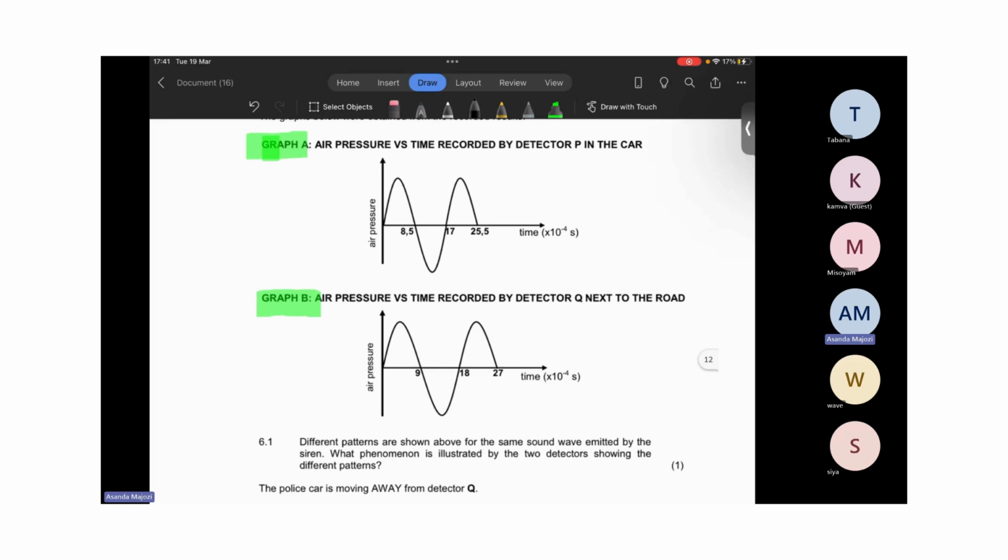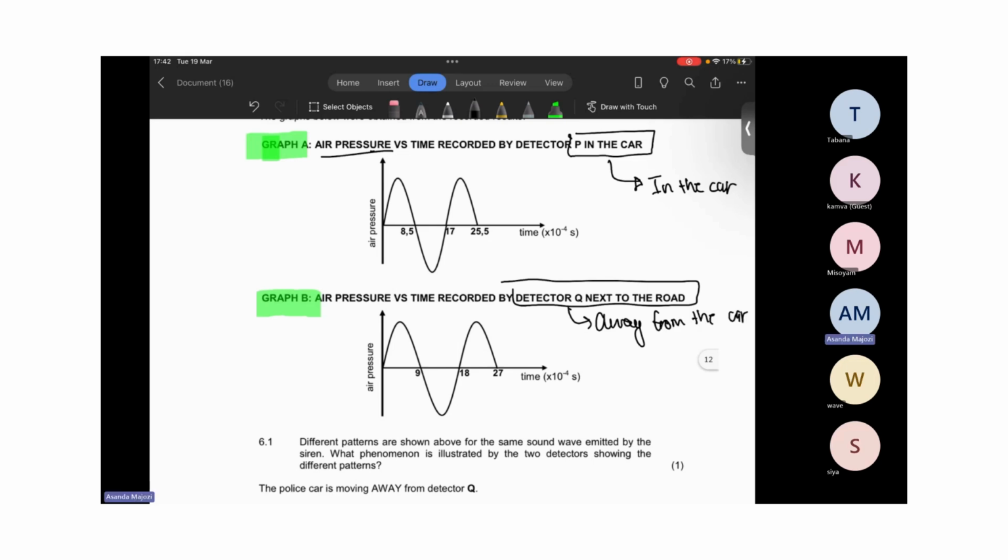So you can see that graph A says it's the air pressure versus the time recorded by detector P, right? So this is basically detecting the sound waves of the police car by the detector that is in the car, right? And then the next one is by detector Q, which is next to the road. So we'll say that it is a detector that is away from the car.